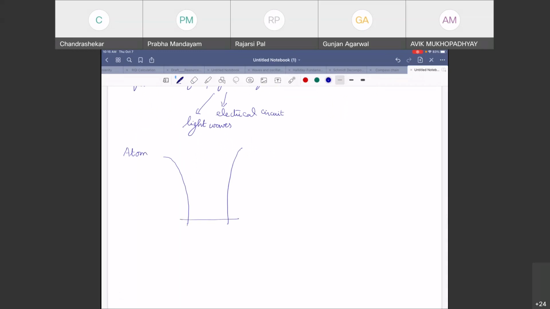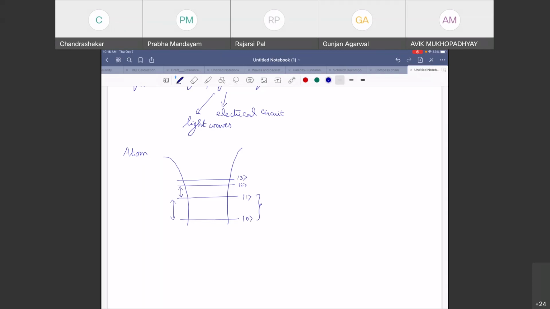You have the ground state here, then the first excited state, the second excited state, and the third. Let's call these 0, 1, 2, and 3. Here you would see that the energy gap between 0 and the first level is higher than the energy gap between 1 and 2. So you can always isolate these two levels in the atom and use them as a qubit.